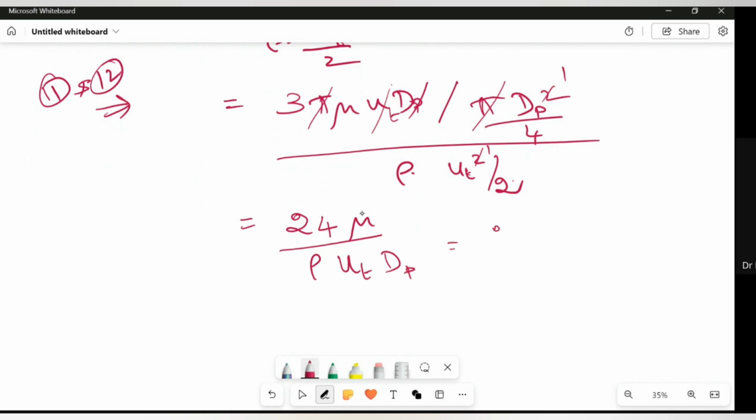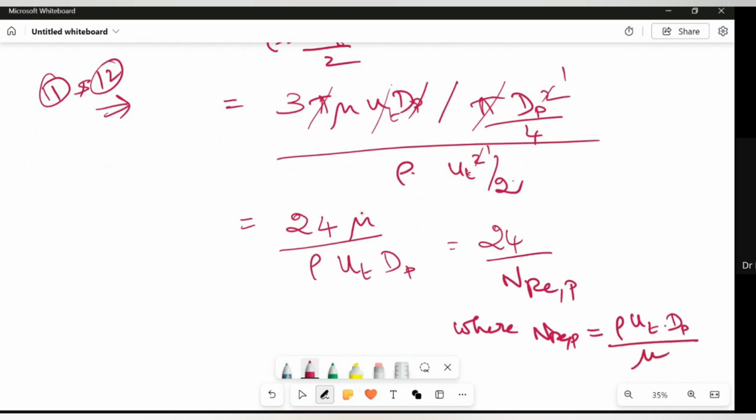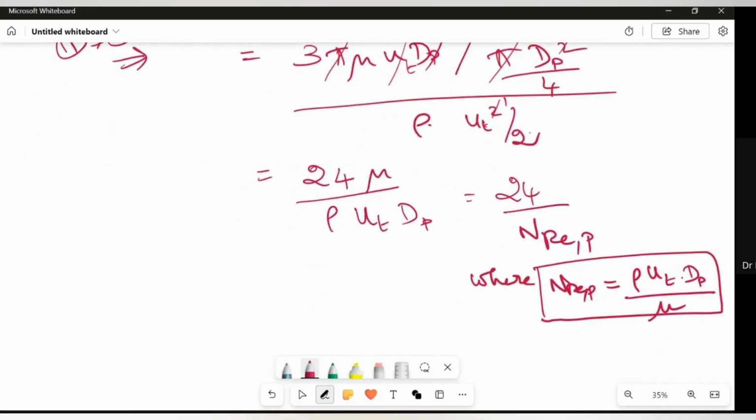So this is nothing but 24 by Reynolds number of the particle. This is where we are defining the Reynolds number of the particle, where the Reynolds number of the particle is equal to rho ut diameter of the particle divided by mu of the fluid. We have the drag coefficient CD equal to this. Let it be equation number 13.